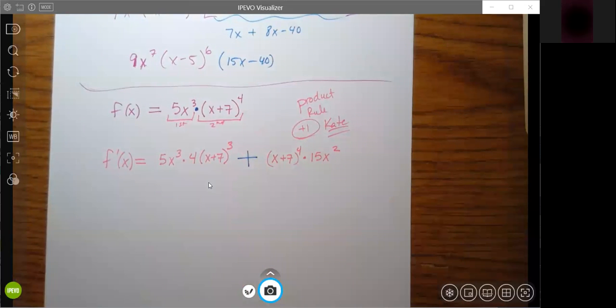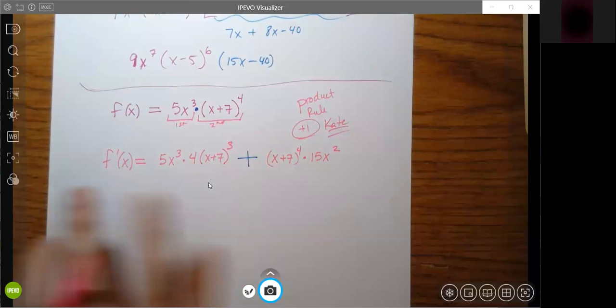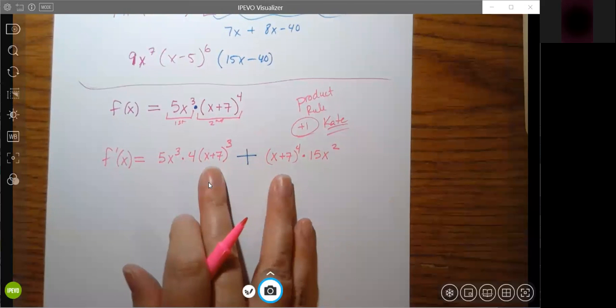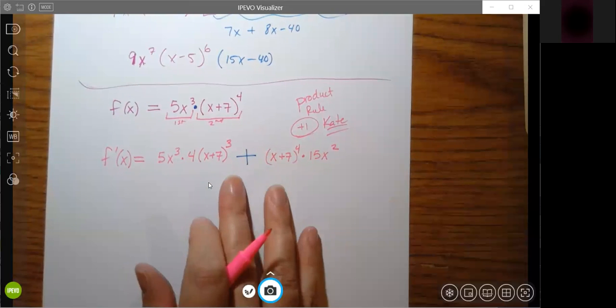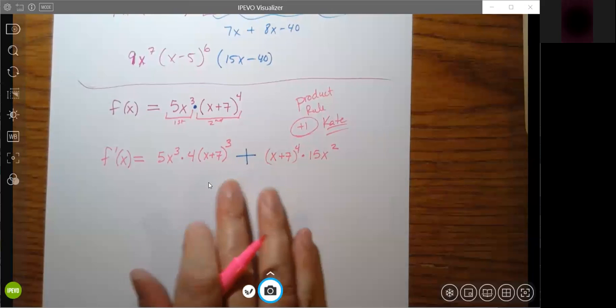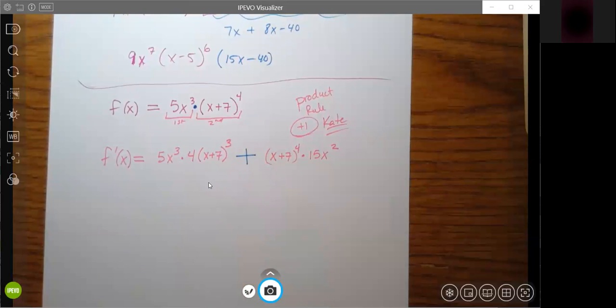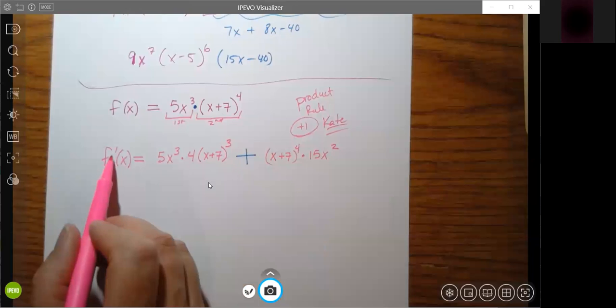Okay, now look at your handout and tell me how this compares to example 2, part A. Whoa, it's the same thing. Same, except in example 2, part A, that said f of x, and now it says f prime of x.